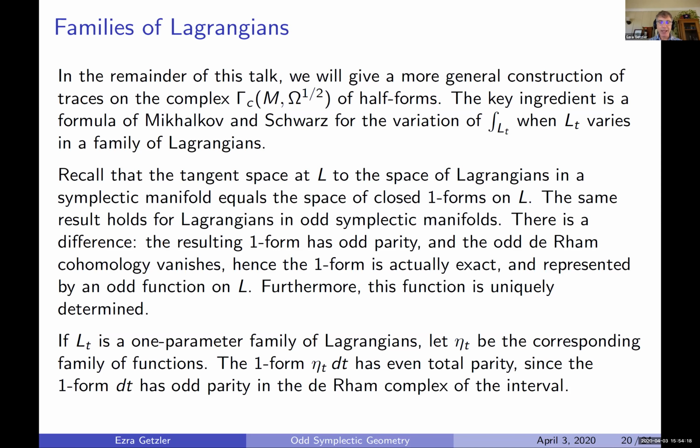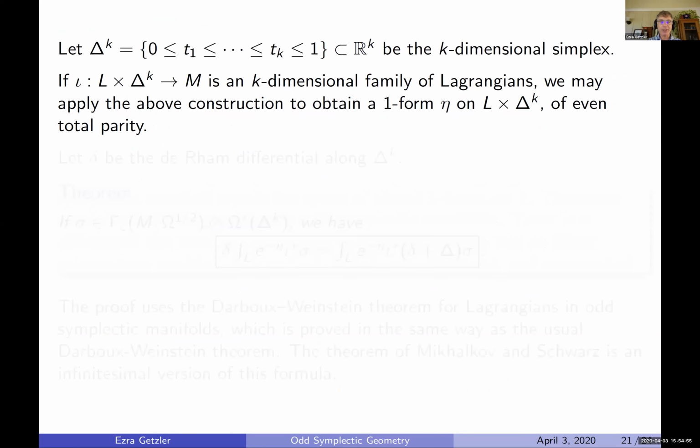And I can then multiply it by the differential dt in the auxiliary parameter, and I get an object of even total parity, because the one form dt I can think of as odd parity. Back to Mohammed's remark, if the symplectic form had internal degree -1, then actually these functions, eta, also have internal degree -1. And so the total degree of eta dt will be 0. And that'll be important in applications of the formula I'm going to give.